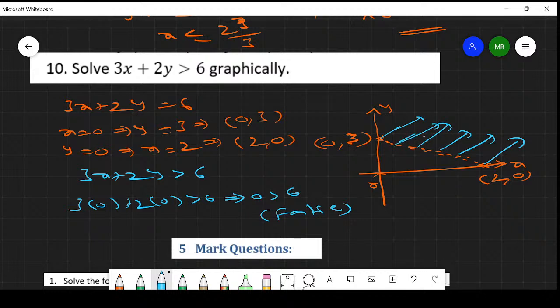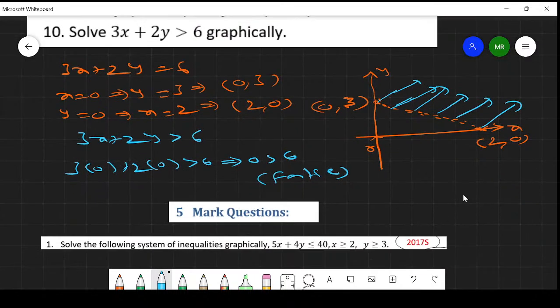Next you write: above the line. That's all. The solution is above the line, excluding the points on the line. Dotted line, you are not including. The shaded region is the solution region, excluding the points on the line. So that you can write.